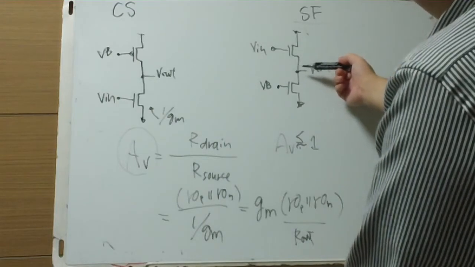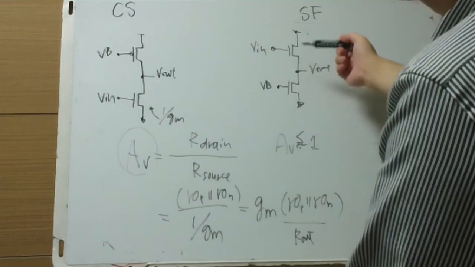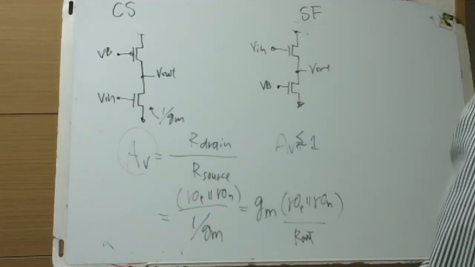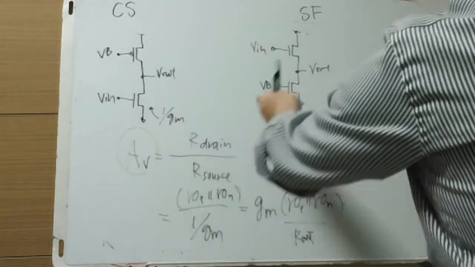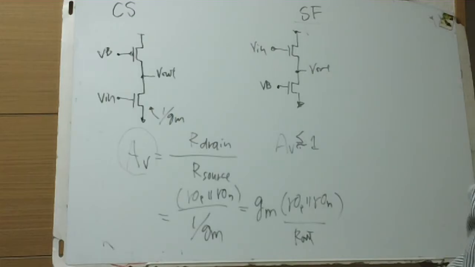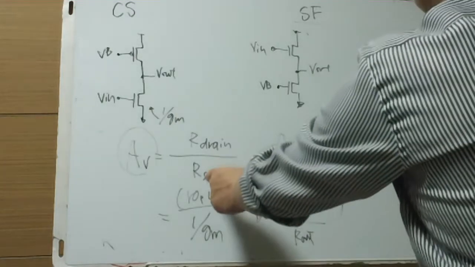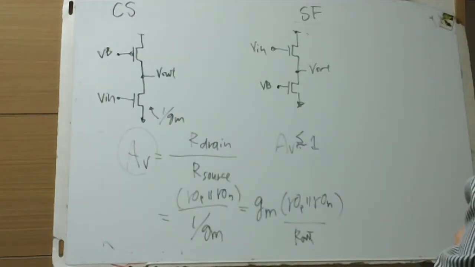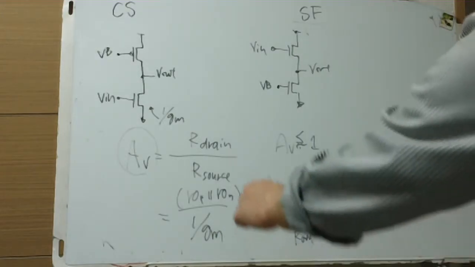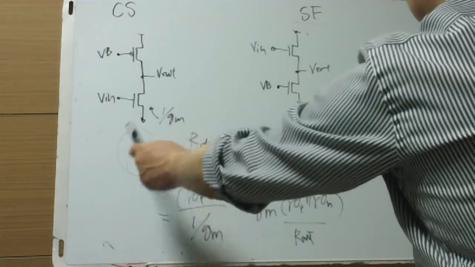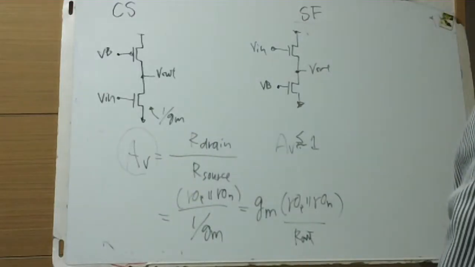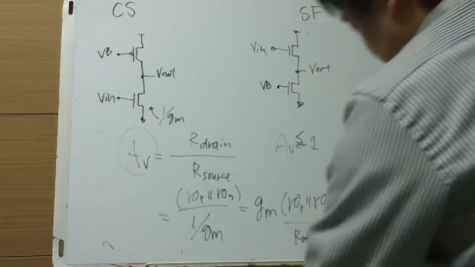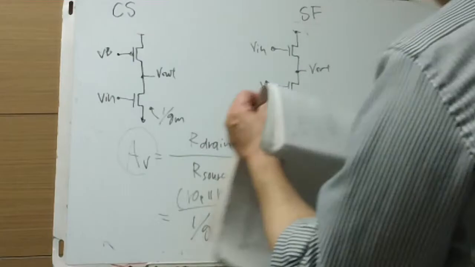Looking into Vout, the resistance divided by something does not work in this case. Simply, what is the drain, what is the source? Sometimes this is useful, but in this case, we have another method.